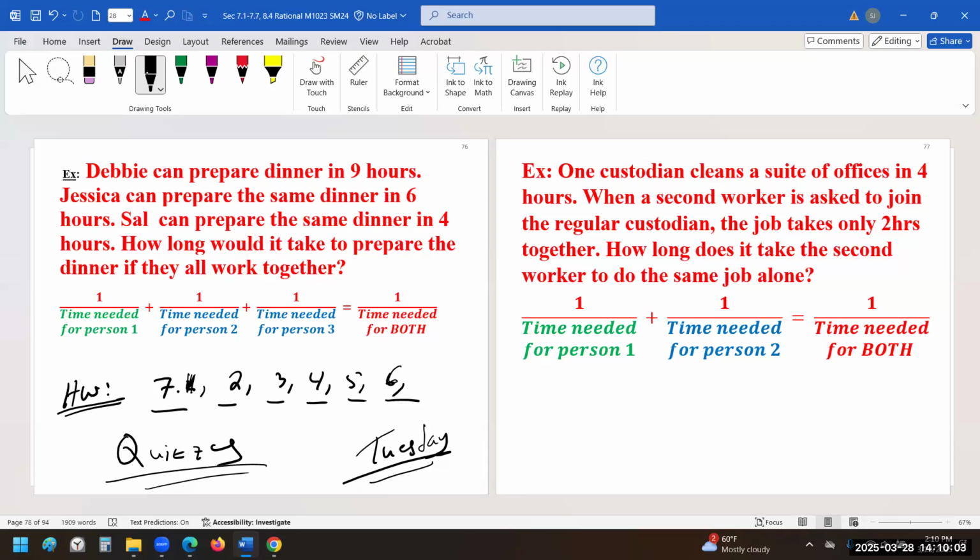It is individual time for individual, whatever you see is always different. On this side, the time for the first is 1 over here, and the time for the second. So how do you do this? Do you know how long it takes to work together?